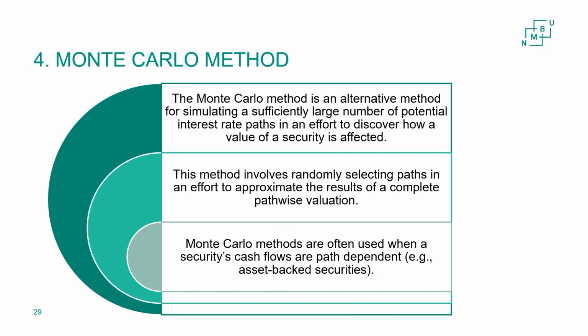So you just take the average of the present values you found, and that would be the value of the asset given the Monte Carlo pricing method.